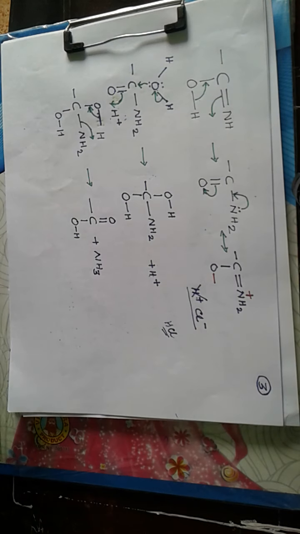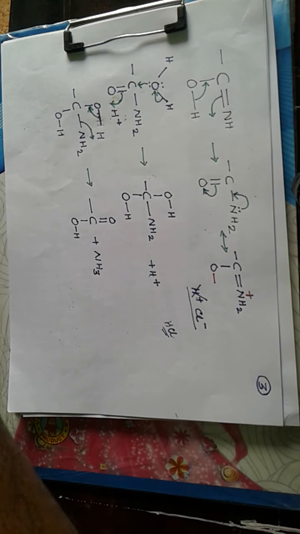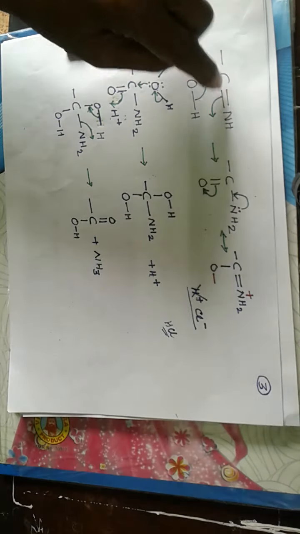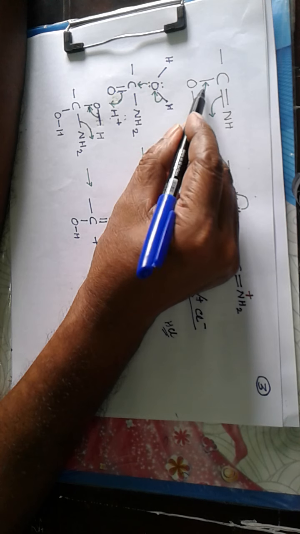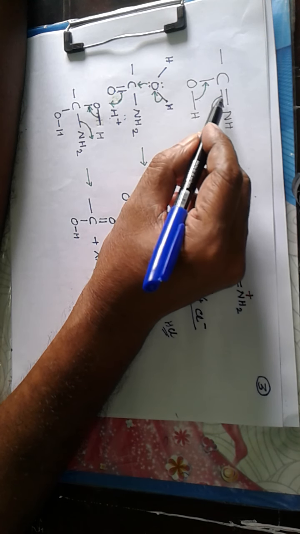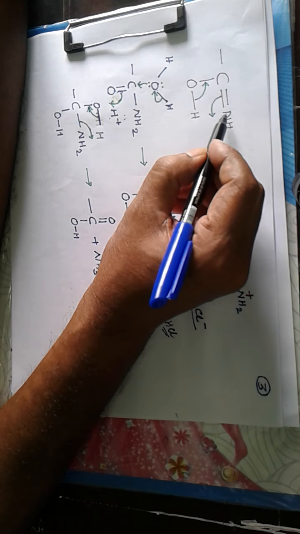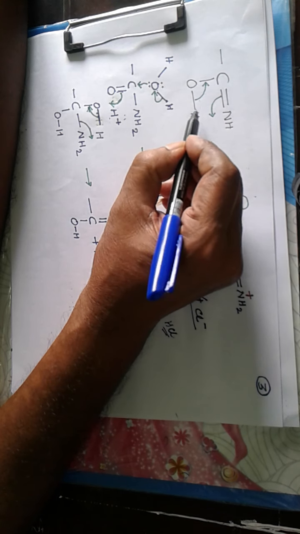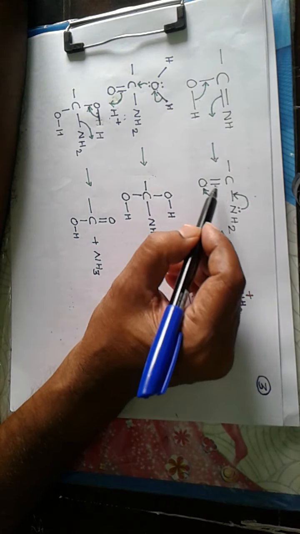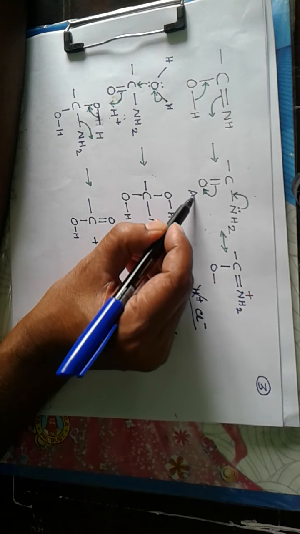Now we get an enol as the product. Now the enol can tautomerize, with this OH bond going in this direction and this OH C double bond NH pi bond going in this direction in between N and H, so that we get CONH2, that is an amide.